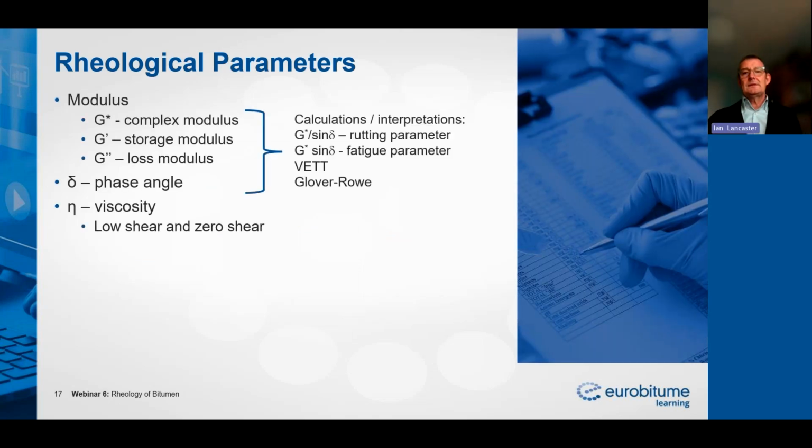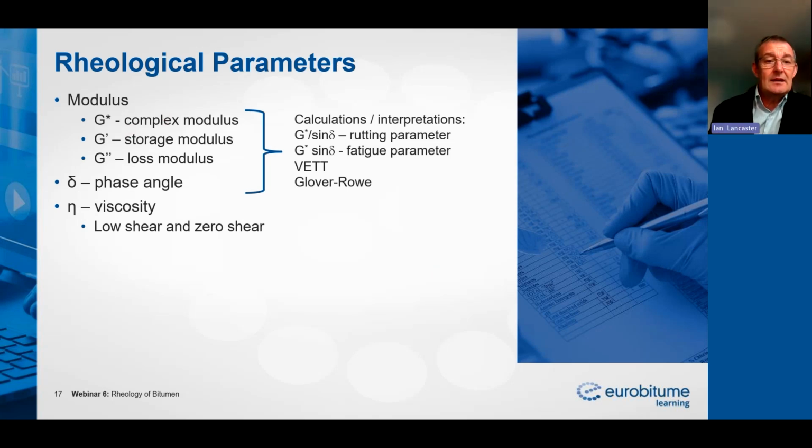So what else can we measure? Well, within our dynamic shear rheometer, we can measure the complex shear modulus, and then we can measure the storage modulus, the loss modulus, and the phase angle. We can also measure viscosity, low and what we call zero shear viscosity, but it's not particularly common to do that these days.